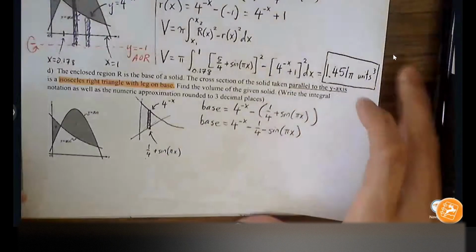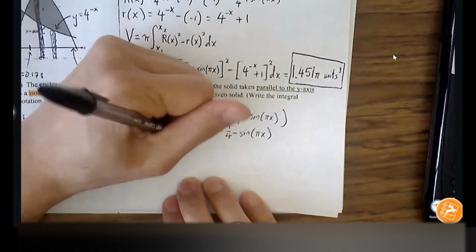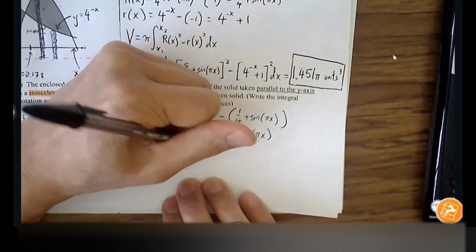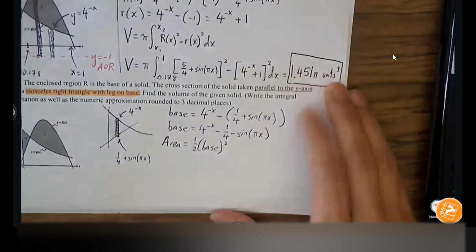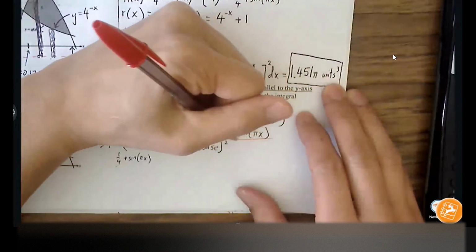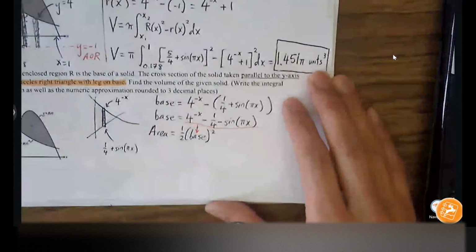That's the 1/2 base squared. So we're just going to take what we found for our base and insert it into the base of our formula here.